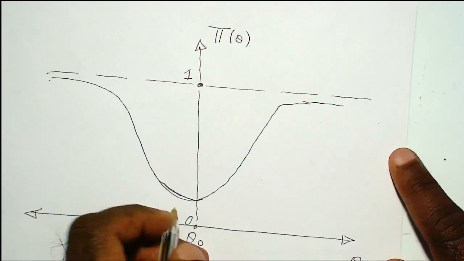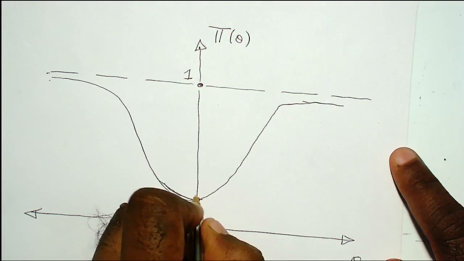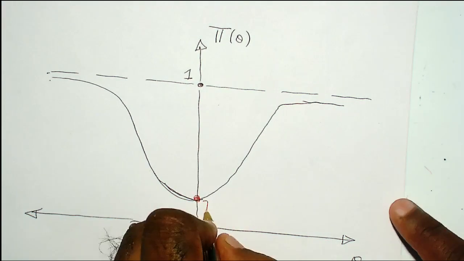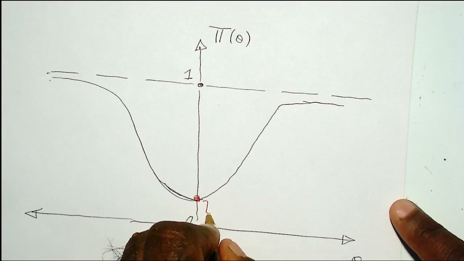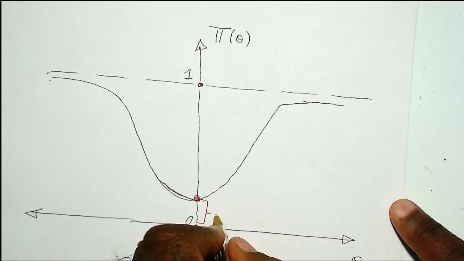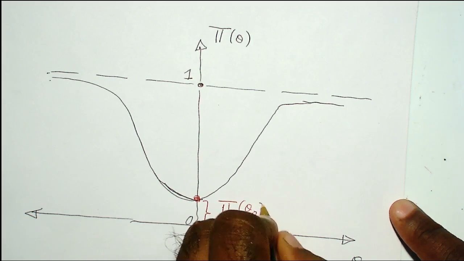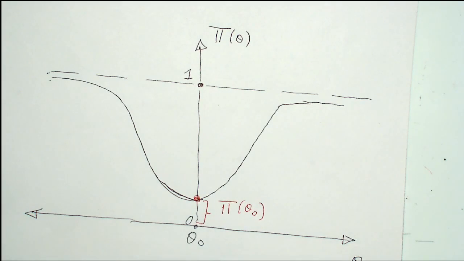This point here, that is the height, is equal to pi at theta 0, right?